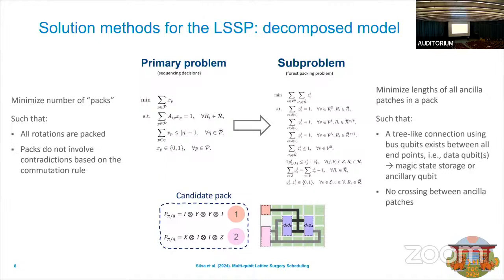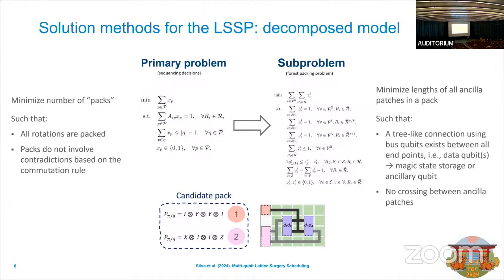But what is important for you to get from it is that we can decompose this problem into two different models. The first one, the higher level model, is what we call the sequencing decisions. In this model, we are interested in minimizing the number of packs of operations that can be scheduled in parallel, where a pack represents a set of operations that does not involve any contradictions regarding the commutation rules.